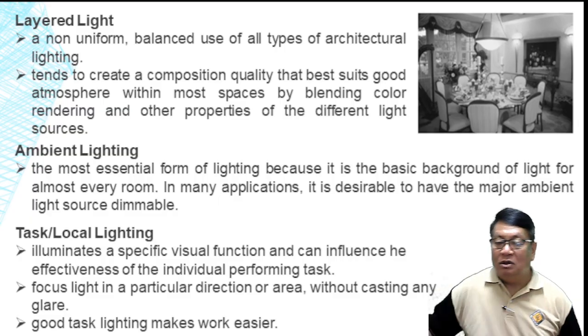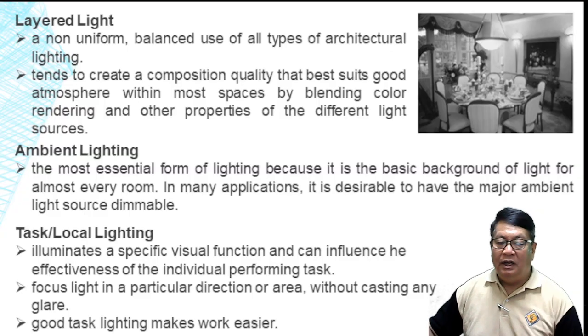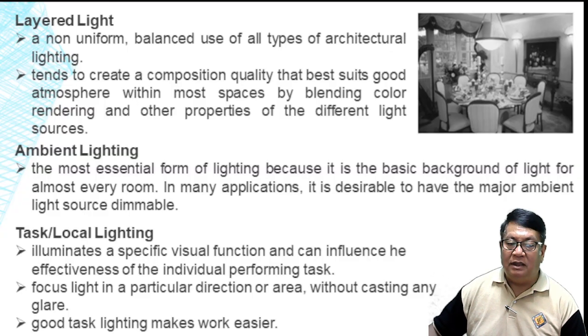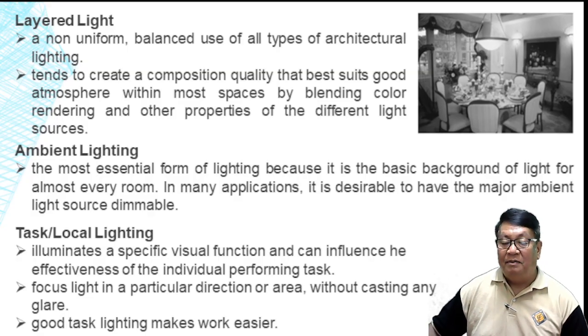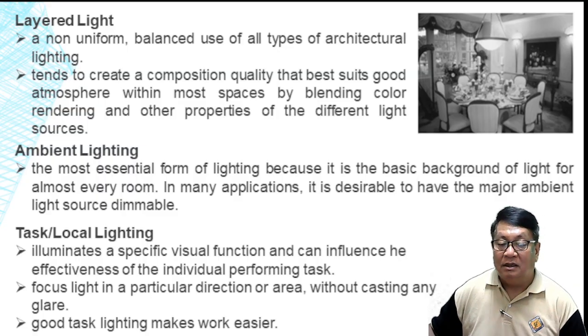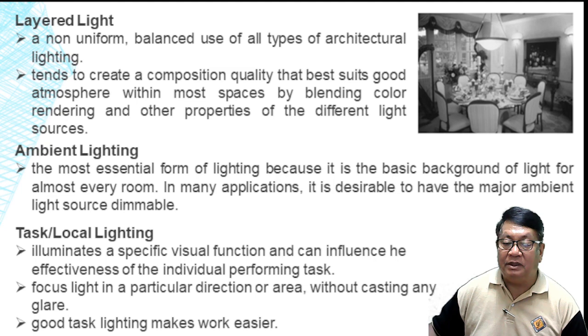Okay, so the task or local lighting illuminates specific visual functions and can influence the effectiveness of the individual performing tasks. Okay, so focus light in a particular direction or area without casting any glare.